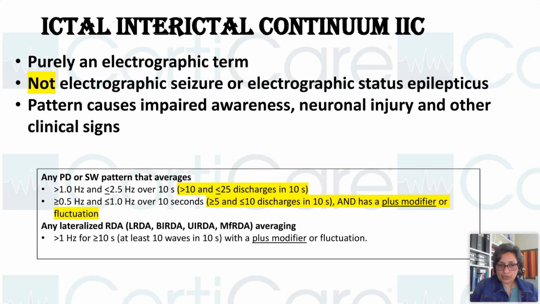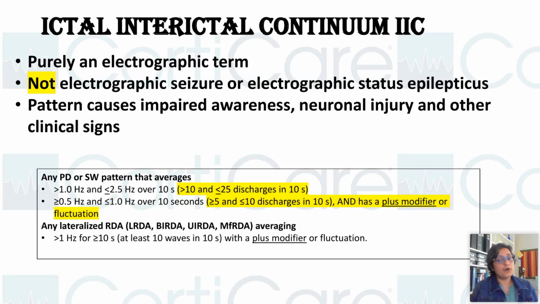If you count those discharges, they are always more than 10 and less than 25 in 10 seconds, and they appear with a plus modifier. So there is a fluctuation happening, fluctuation in the frequency, sometimes in the pattern, in the morphology of those discharges. Your takeaway points for interictal continuum: you are seeing a pattern continuously or discontinuously, but those discharges are more than 10, less than 25 in 10 seconds.